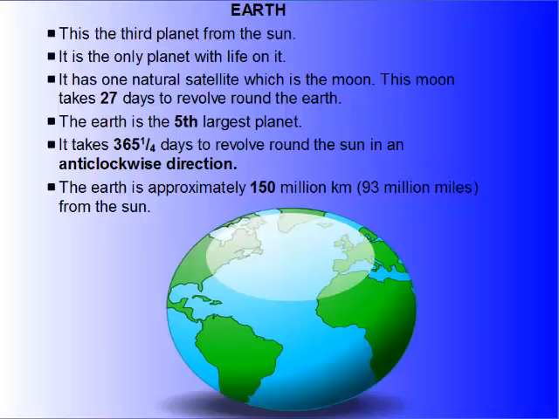It takes 365 1/4 days to revolve around the sun, and it moves in an anti-clockwise direction. The earth is approximately 150 million kilometers from the sun, which is about 93 million miles. So this is an image of the earth.